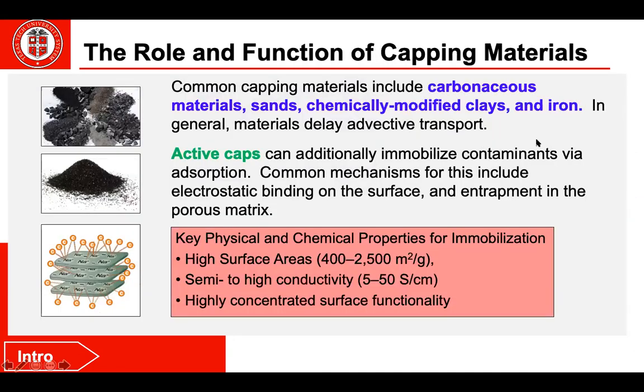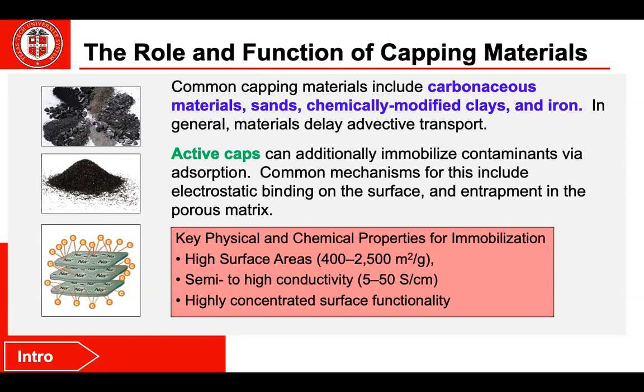So just a little bit of background on capping materials. You can make a sediment cap out of a wide variety of materials, the most common of which is sand, just because sand is inexpensive and it's easy to deploy. You can also look at some slightly more expensive materials, such as carbonaceous materials, the most common of those being activated carbons.